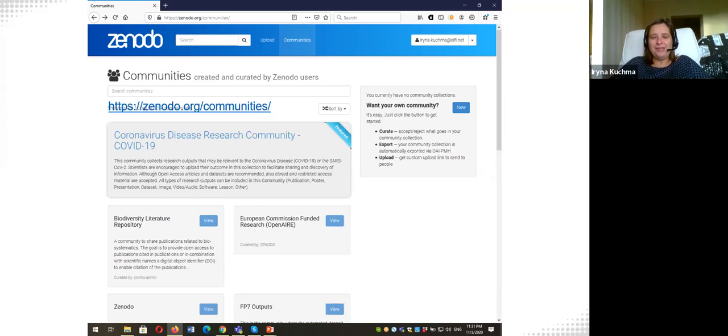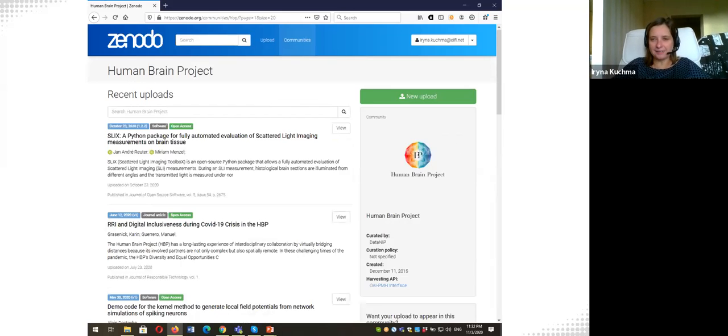It's like a mini repository that you could have, and it's free. And this is an example from the Human Brain Project, a space where they upload software, journal articles, data sets.